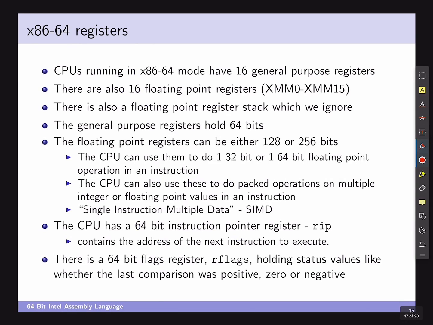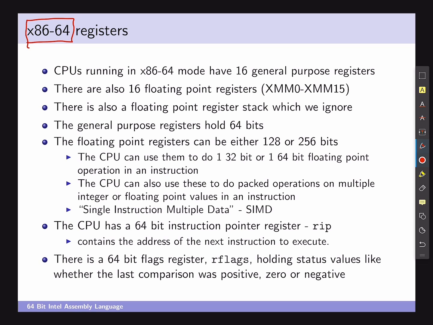So what registers do we have available to us? Luckily for us, we're working in x86 assembler, which means we have considerably more registers available than you would have had in the 32-bit and 16-bit versions of x86 assembler. So we have a lot more leeway.